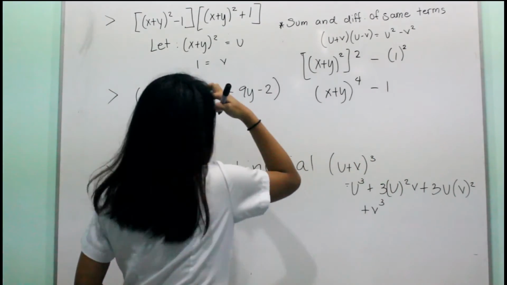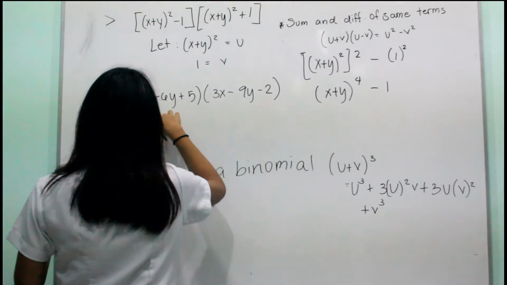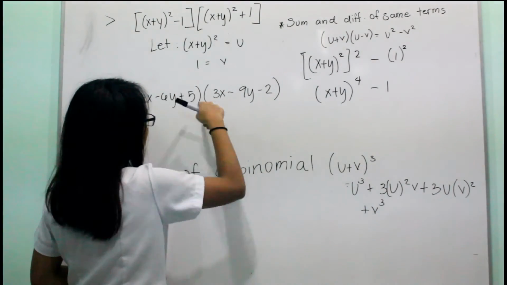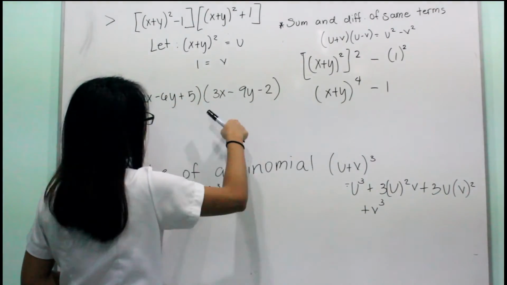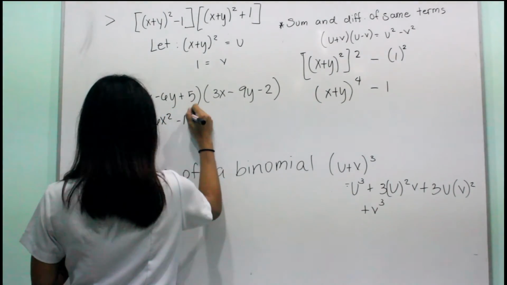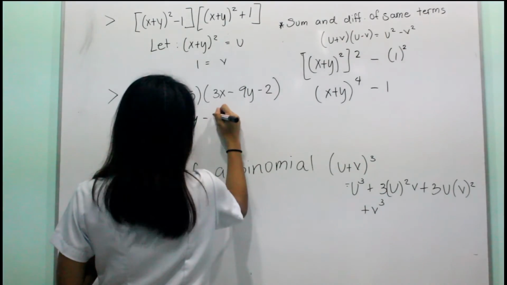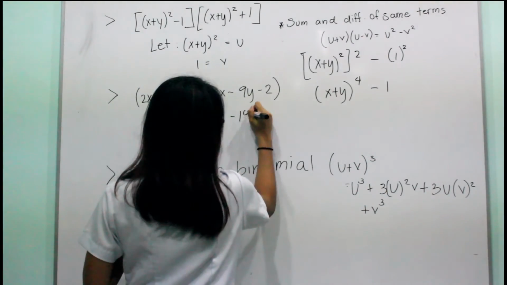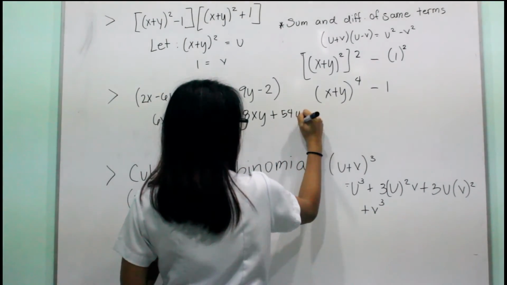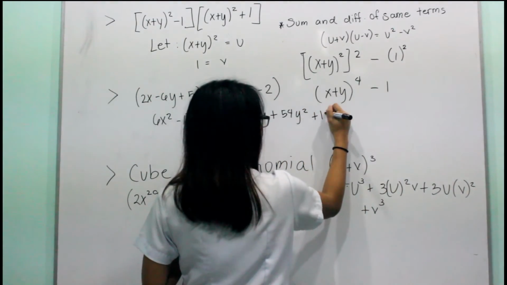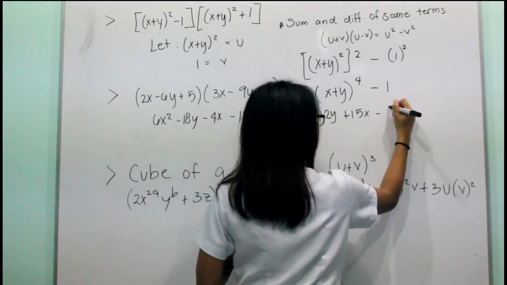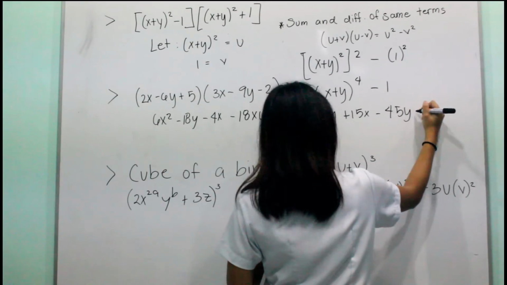So here in the special product of this trinomial, we would distribute each term of the first polynomial to the second polynomial. So 6x squared minus 18y minus 4x minus 18xy plus 54y squared plus 12y plus 15x minus 45y minus 10.